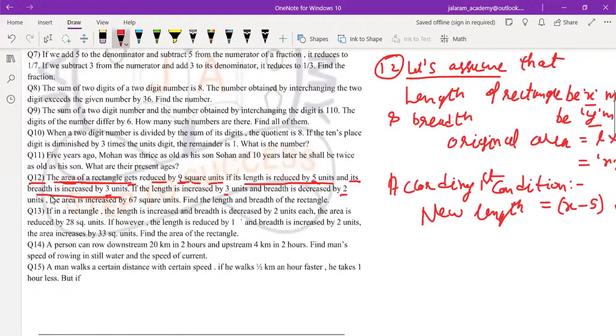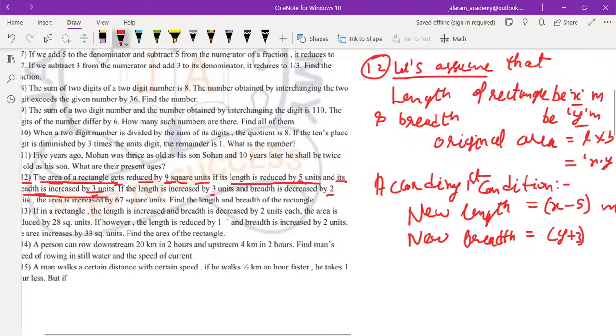And the new breadth: previous increased by 3 means y plus 3 meters.